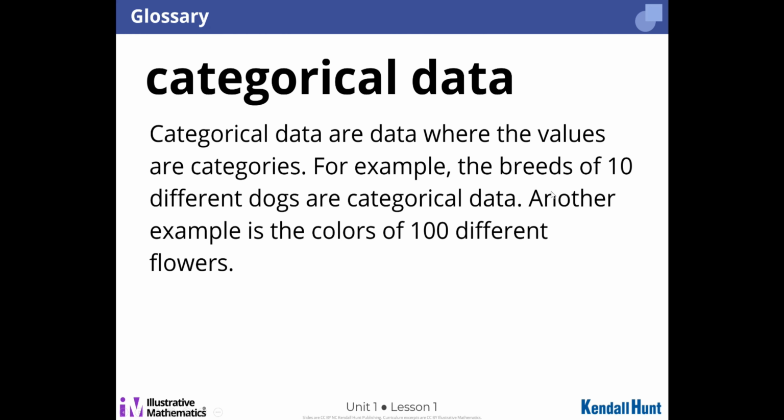For breeds of dogs, your answers might be like a Chihuahua, Pit Bull, German Shepherd, etc. They're not numbers. The colors are different. 100 flowers: red, orange, pink, purple, lavender. Those aren't numbers. They're categories.